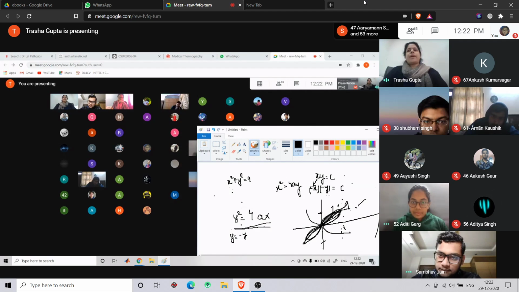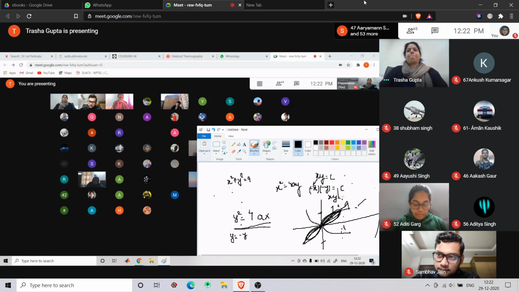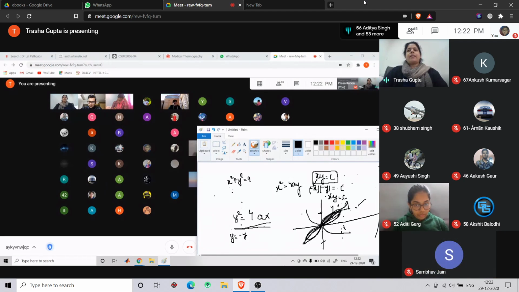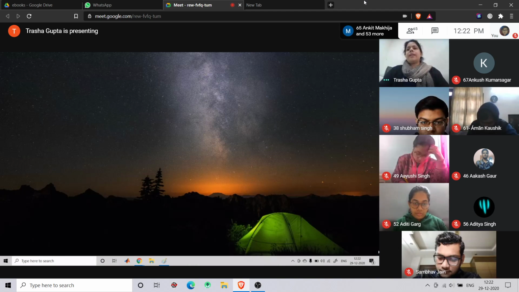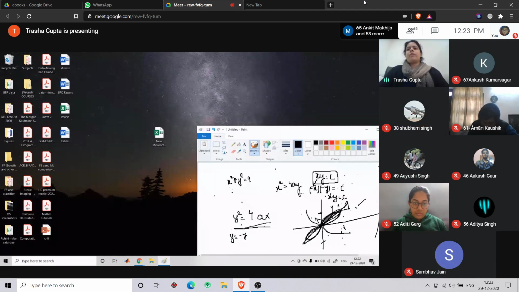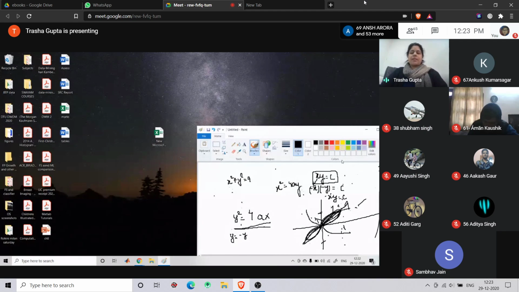It will remain same, right? So that is why this equation is also symmetric in opposite quadrants. Here we don't know which pair of opposite quadrants it is symmetric in. अभी हमें ये नहीं पता.